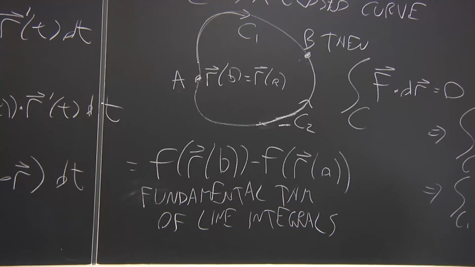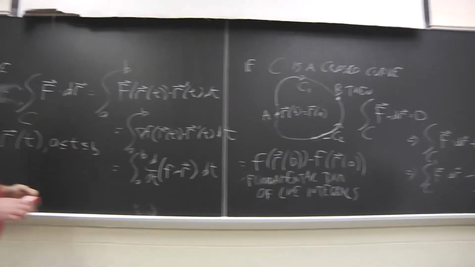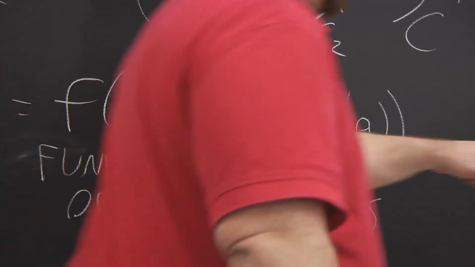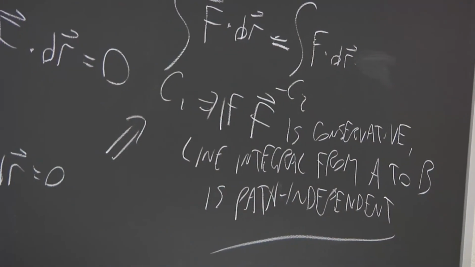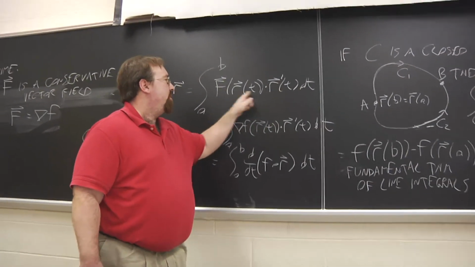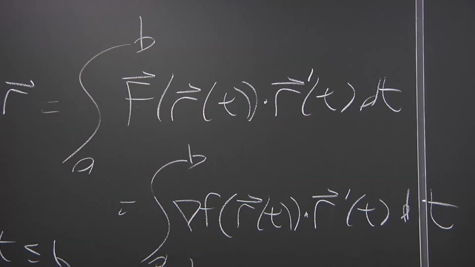So you don't have to care about the path taken in between. The only challenge is how to get a hold of little f from big F, and we will learn how to do that a little later. You don't have to bother with coming up with the right parameterization of a curve, working out this dot product and integrating. You don't have to do any of that.